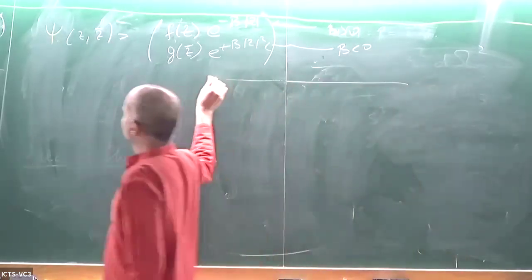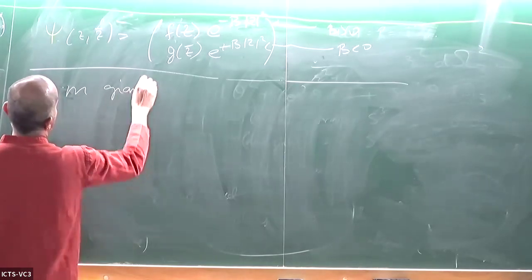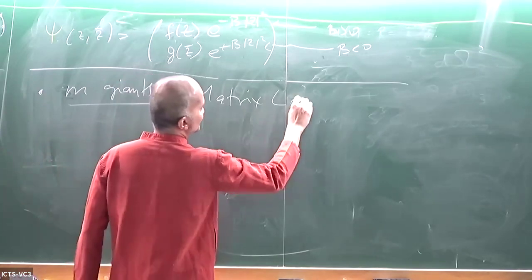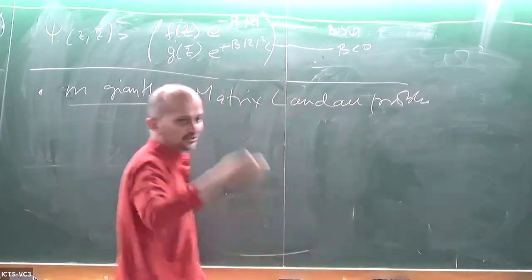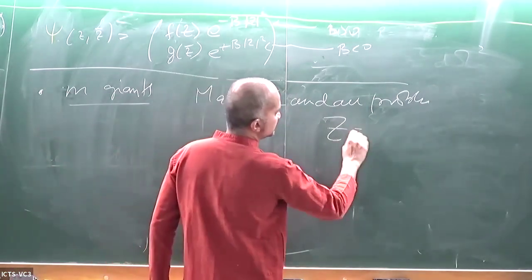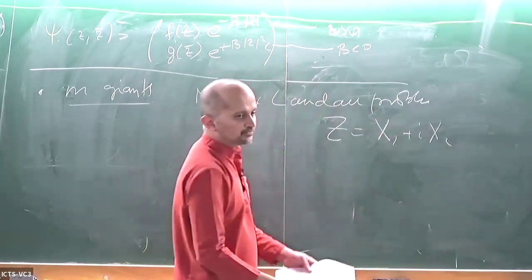One is that now for M giants, you have a matrix Landau problem, because now they're all stacked on top of each other. It's the opposite of the dilute gas, but localization allows you to do that. So it's a matrix in the B field. Now there's a small subtlety, which is that this is matrix Z. You can similarly treat fermions.